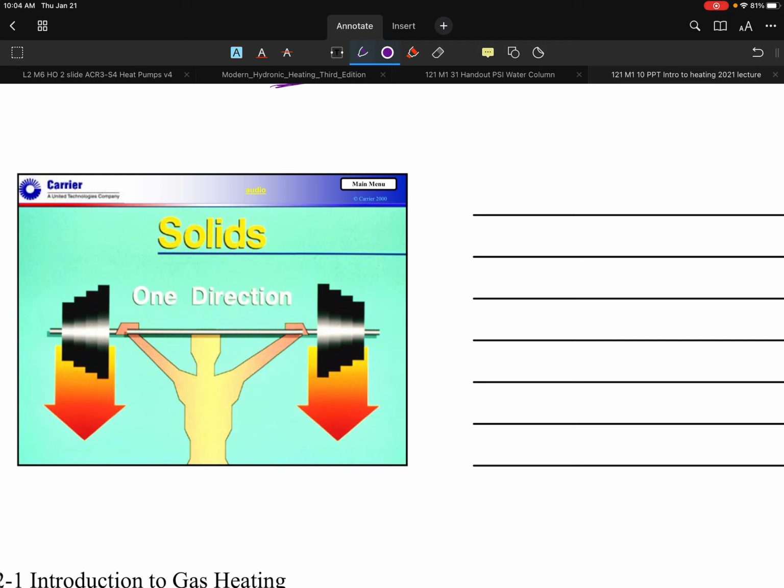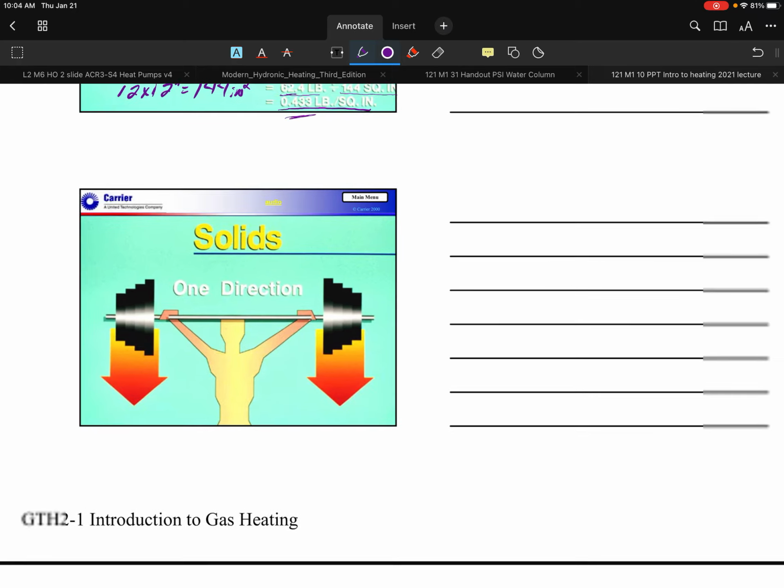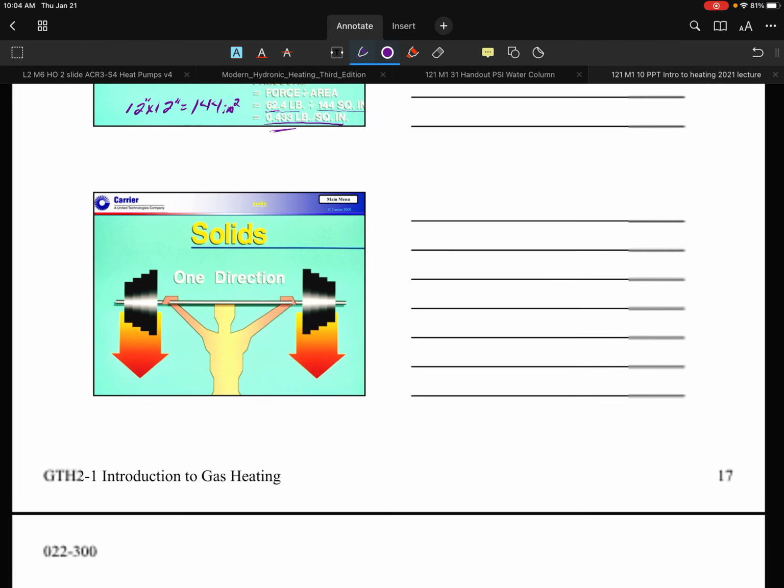It could be duct pressure accumulated, pressure from hanging a unit, pressure on the floor, whatever it might be, on a boiler, where there could be some excessive pressure, some sagging. That would be an example of that. And I'll give a couple of examples here as we go through this.